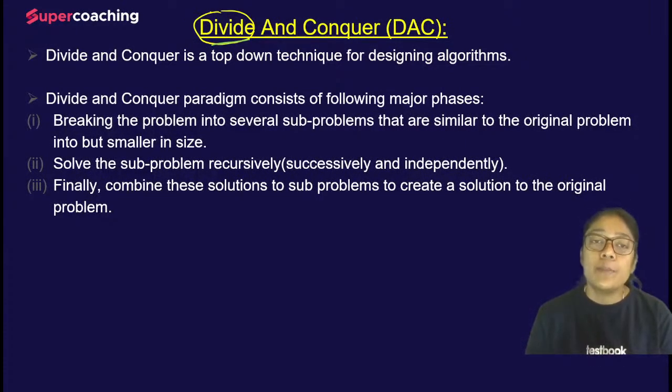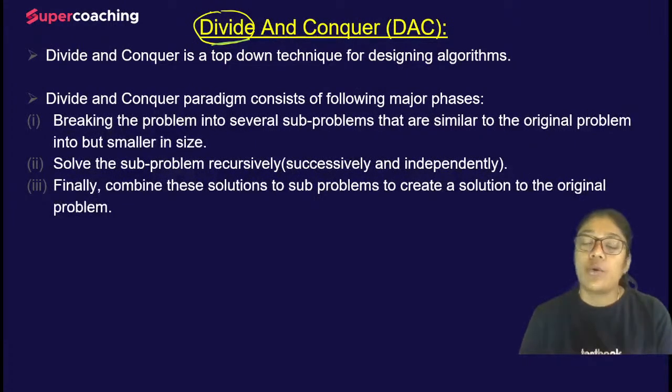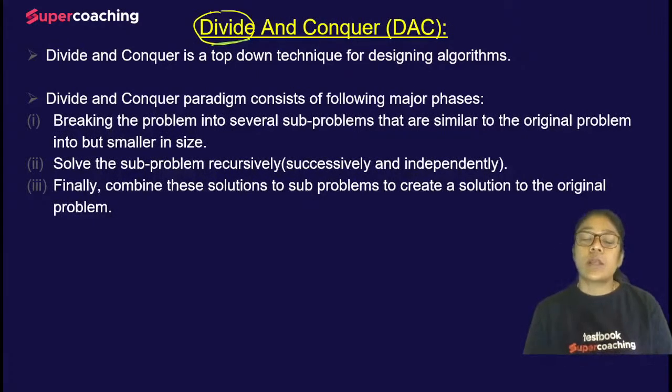Okay, so we'll be solving a function in terms of itself, because if the original problem is that you have to sort n elements, then the same sort function we have to apply on the sub task as well. So this indicates that somewhere divide and conquer is using the concept of recursion, right?